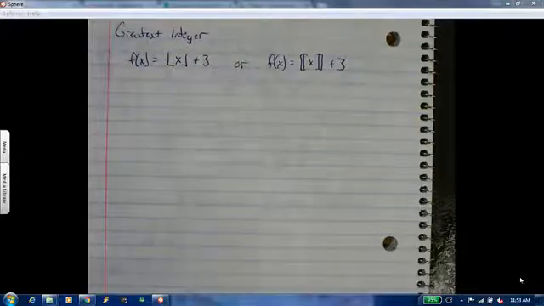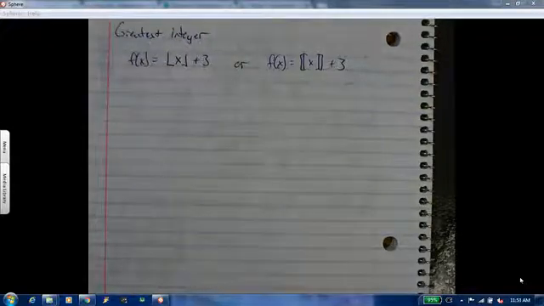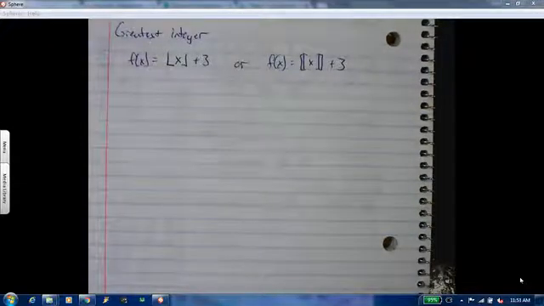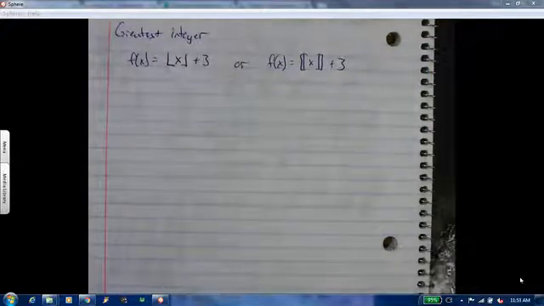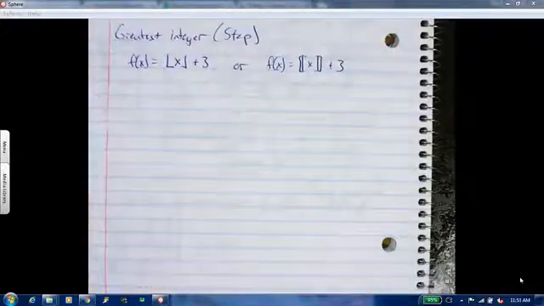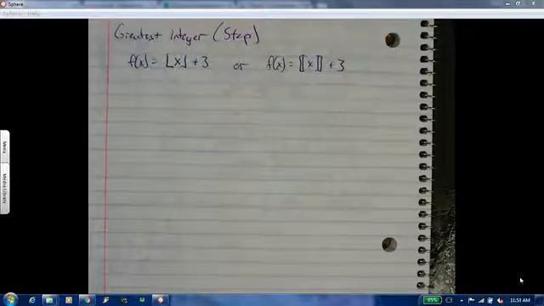This is the greatest integer, or step function. Several names for that. Greatest integer or step function. This was your round down function. You always round it down. It's down because these little brackets are on the bottom here.